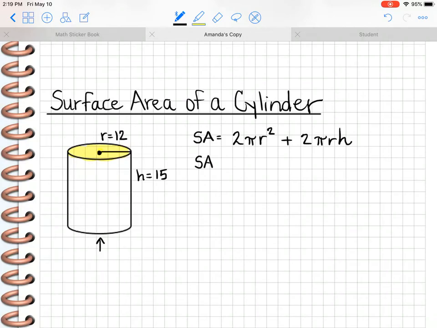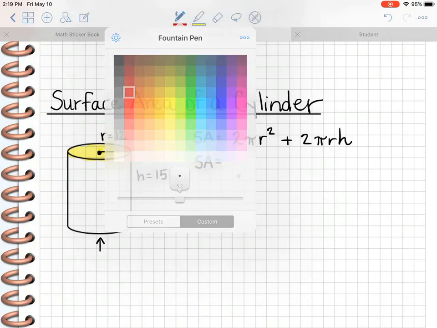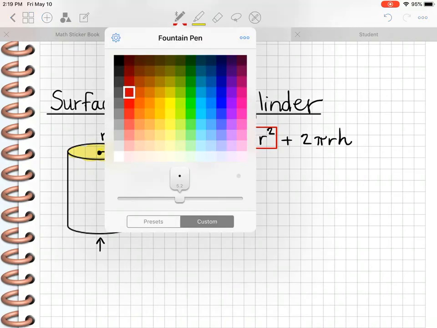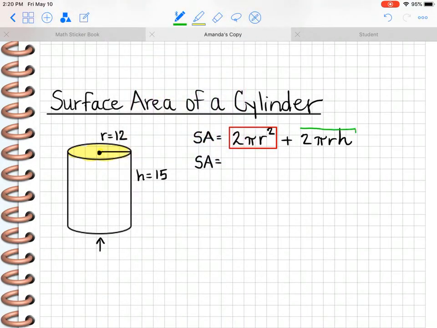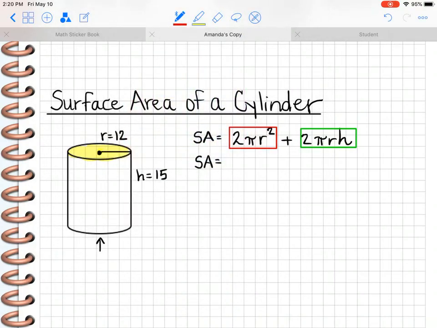So here's what I'm going to do. I'm going to mark this part of the formula in red and this part in green, just to help us keep it straight. So instead of running all this by you so fast and in the same color, I'm going to break it down a little bit clearer.